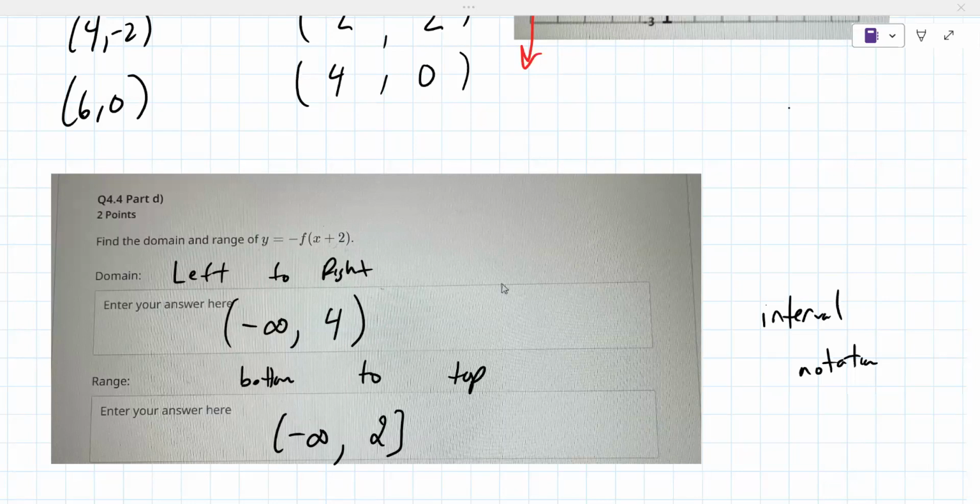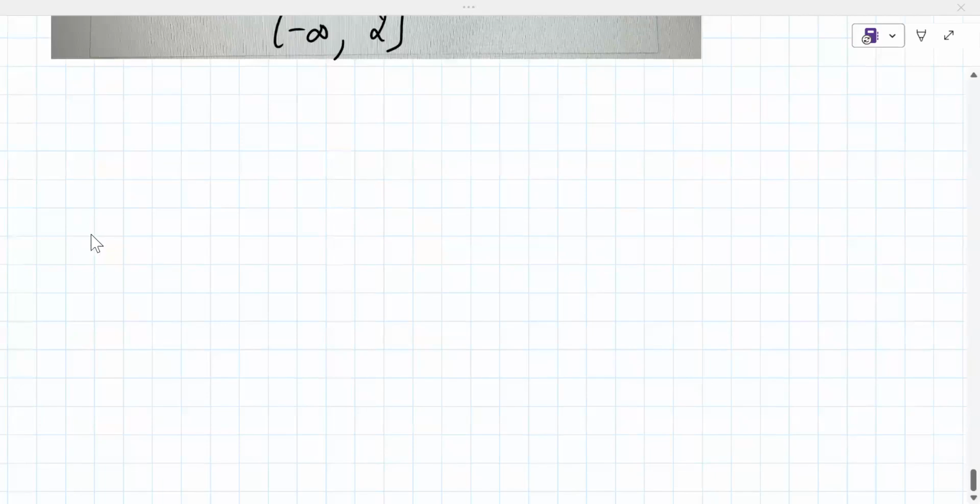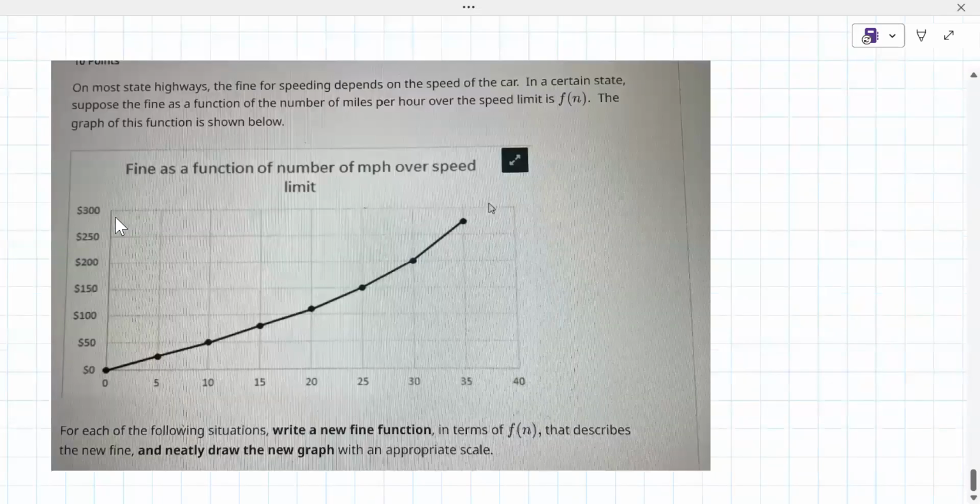We can sort of start it. Question 5. It says here, in most state highways, the fine for speeding depends on the speed of the car. In certain states, suppose the fine is a function of the number of miles per hour over the speed limit, f of n. The graph of this function is shown below. So what they're showing you here is the miles over the speed limit.